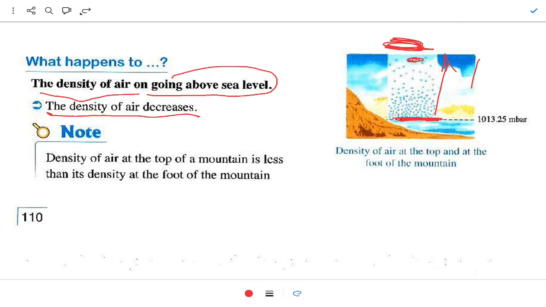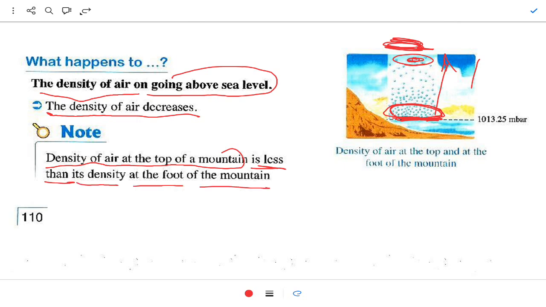So the cold air is on the bottom here, in the bottom of this column, and vice versa. The high density of air is in the top of this column. Note, the density of air at the top of a mountain is less than its density at the foot of the mountain.